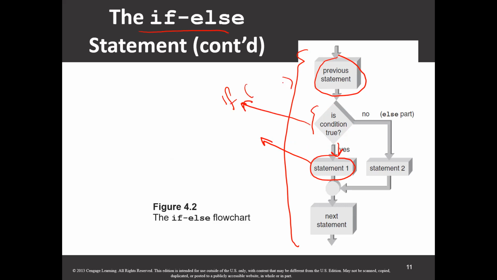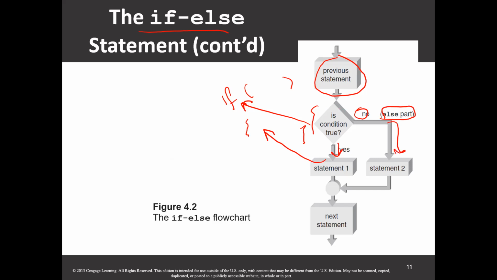If something, for example, A bigger than B, طيب, then if it's true, it's going to move to this statement. طيب, else, إذا كان فيها else, it's actually supposed to go to this else, to this part.